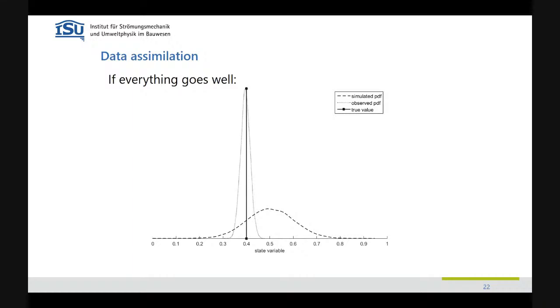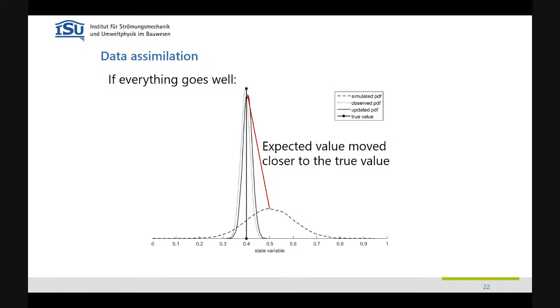But in both cases, I'm a bit off from the truth. And if I now do an update by data assimilation, what I should get is a distribution for my model that is closer to the observation and has a smaller uncertainty. So I get closer to the observation and I get a reduced uncertainty. This is how it should work.